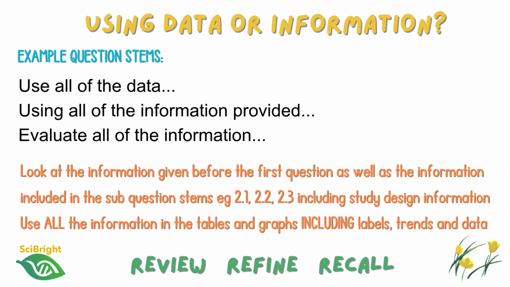So here are some example question stems where you might be instructed to use all of the information. And this means everything. All charts, tables, introductory information, or even the individual question stems from previous questions of the same question number. If you only use some of it, you will be missing a number of marking points or fail to make some of the connections necessary to explain observations.